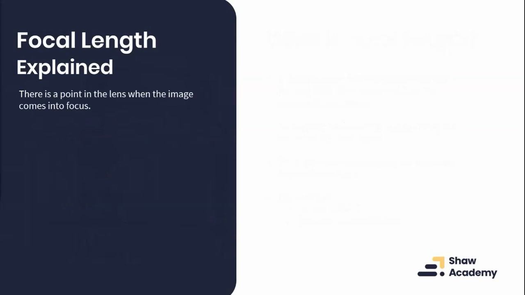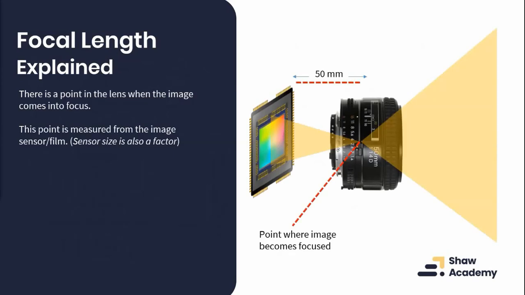So if we have a look at this in a much more technical way, this is the point where the image comes into focus in the lens, and it's measured from the image sensor or film. As I mentioned, sensor size is also a factor, but let's just imagine we're using a standard sensor, which is our 35mm sensor. And if we have a look at it visually, I've got a 50mm lens here.